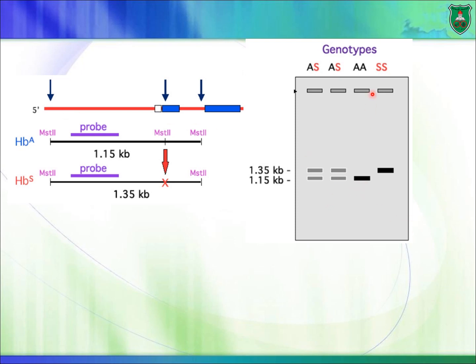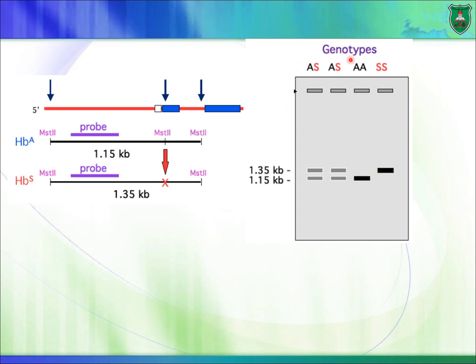Now, if a person is having mutation on both alleles, on both chromosomes, then the endonuclease would not be able to cut here. It would make a cut right there and right here, but not right here in the middle. And the probe would recognize the sequence that is 1.35 kilobase long. Okay, so it runs slower than 1.15.